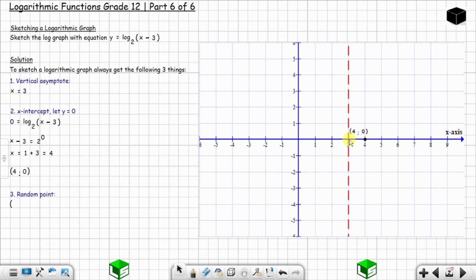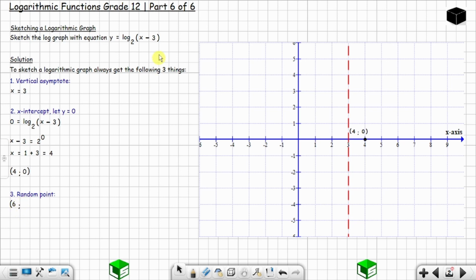From this, you can tell that the log graph does not exist on this side. The log graph will only exist on this side. So I can use 5, 6, 7, 8, 9 to get my random point. Let me use 6. So x is 6, and what is y equal to?